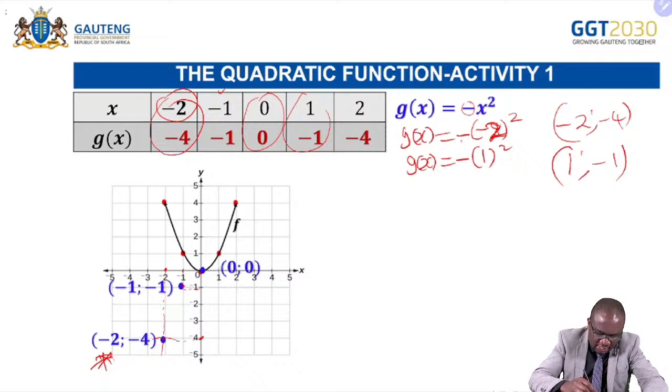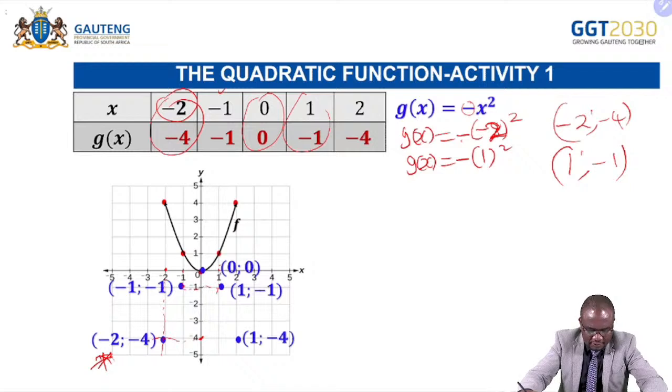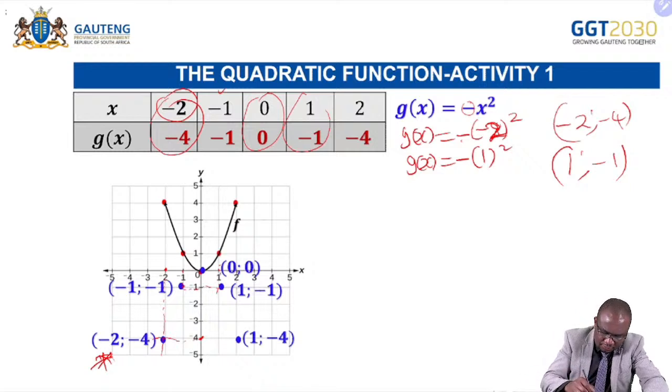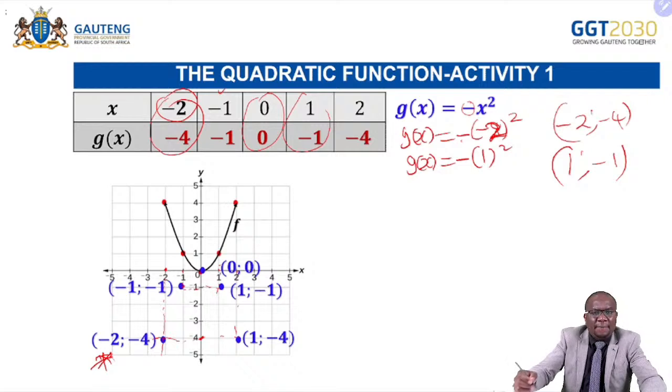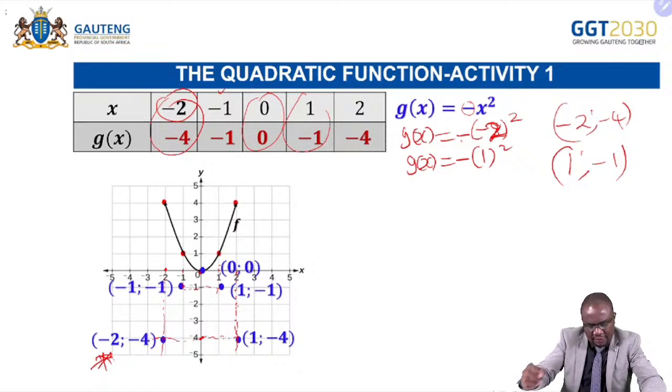So this is 1, -1. Okay, that's a point there, 1, -1. And then we have 2, -4, which is this point. See that? That's 2, -4. Okay, can you see my faint lines? 2, -4. Okay, that's that.